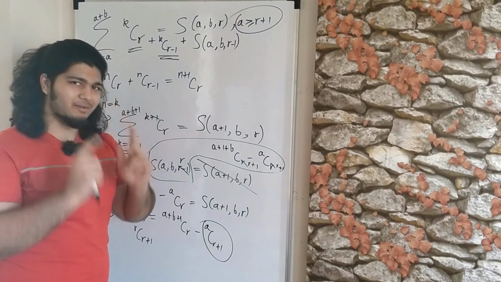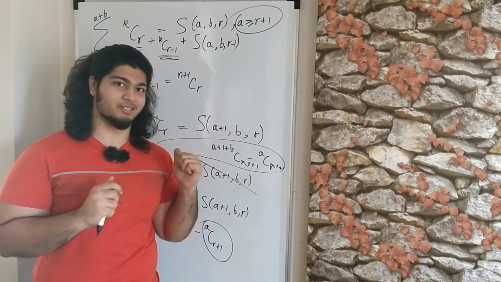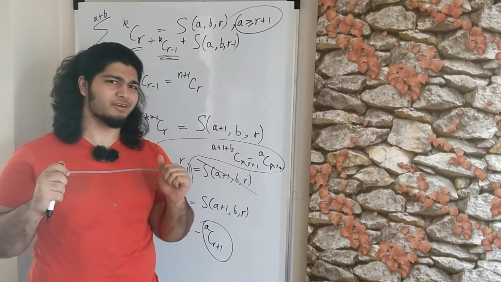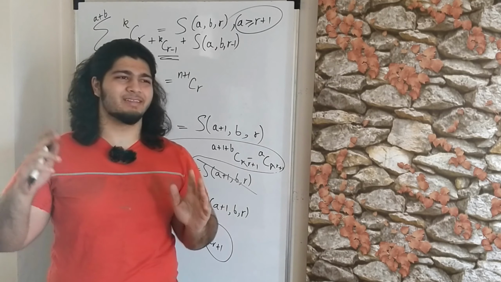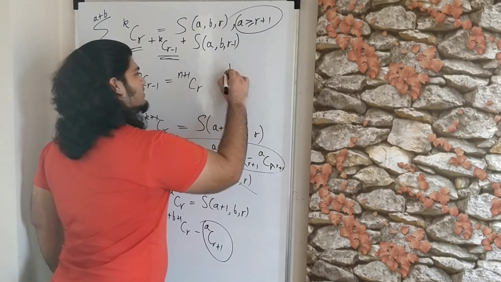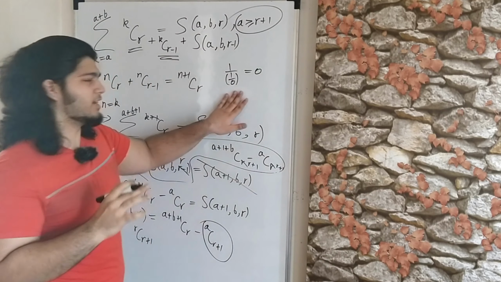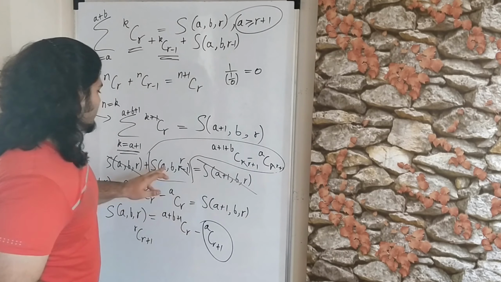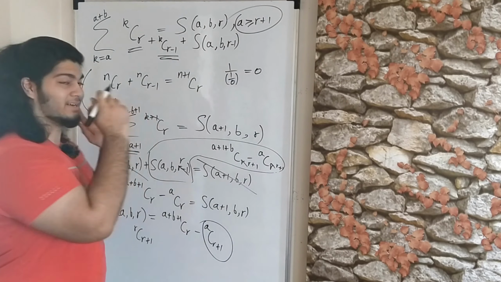But I'm not going to leave it there. I'm not going to tell you that my formula doesn't work for a equal to r. If you're willing for a little bit of hand waviness and assuming that you can say that 1 over 0 is equal to 0, if you grant me this, I can show you that this formula also works for r. So I'll clear off this and I'll show you that. Remember your promise.